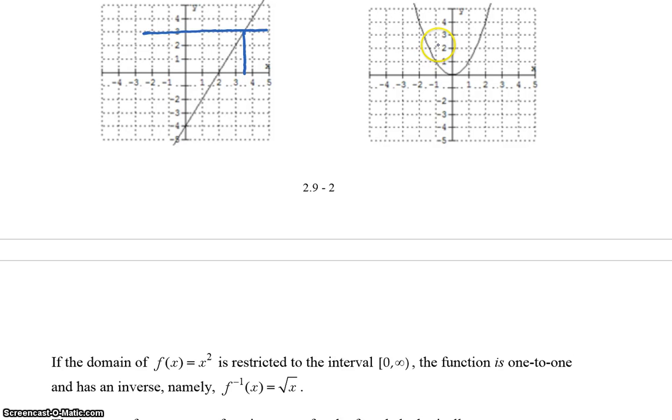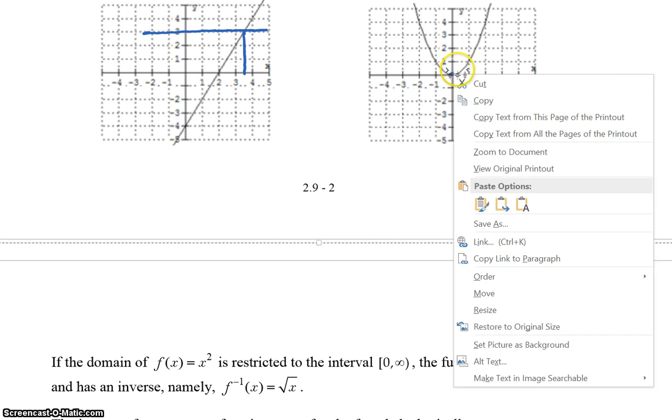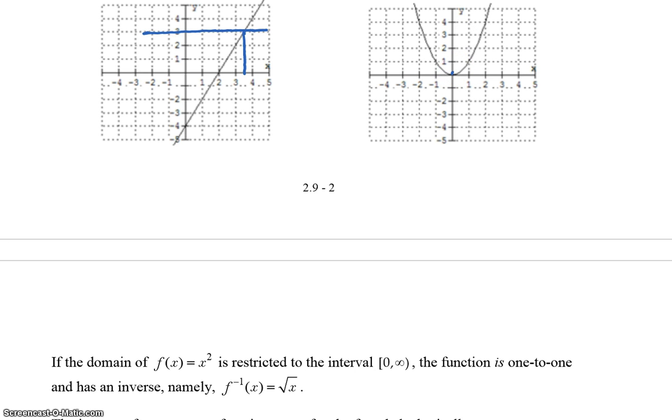Graphically, what that means is we're only looking at half of the parabola from the origin to the right. So we're just looking at that right-hand branch of the parabola. And if we only consider the right-hand side of the parabola, the graph will pass the horizontal line test, and therefore the function will be one-to-one.